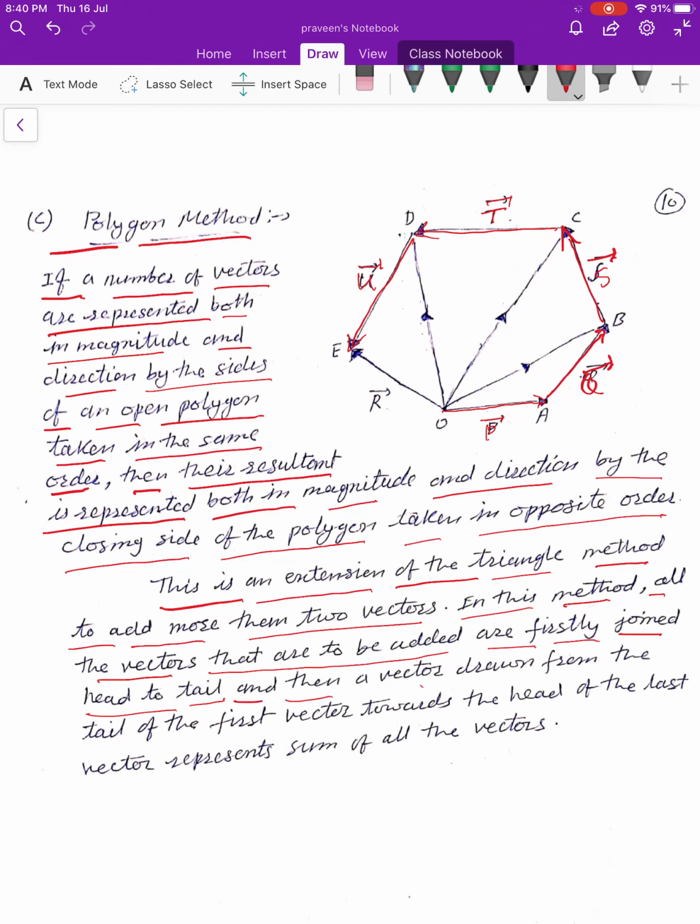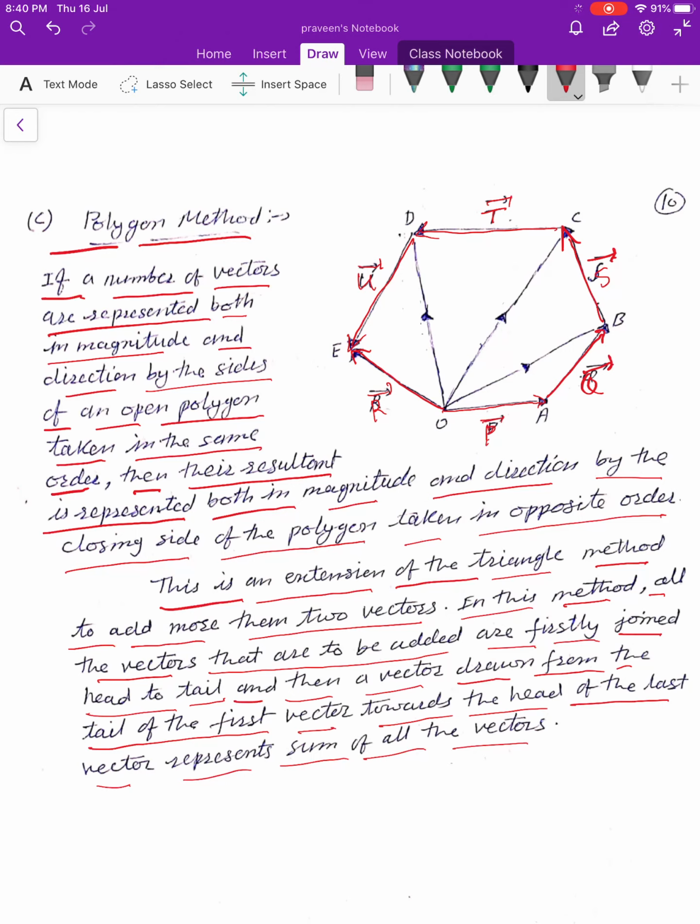Then a vector drawn from the tail of the first vector towards the head of the last vector represents the sum of all the vectors. It is the resultant R vector. Clear?